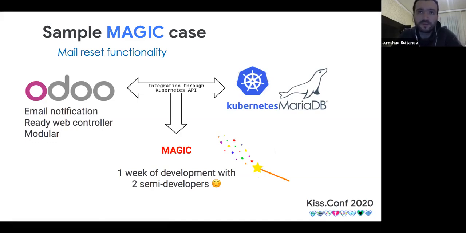By means of it, we were able to build some fill-in forms. And also it is modular, so you can build it as a separate module and then install it to any Odoo database that you have.